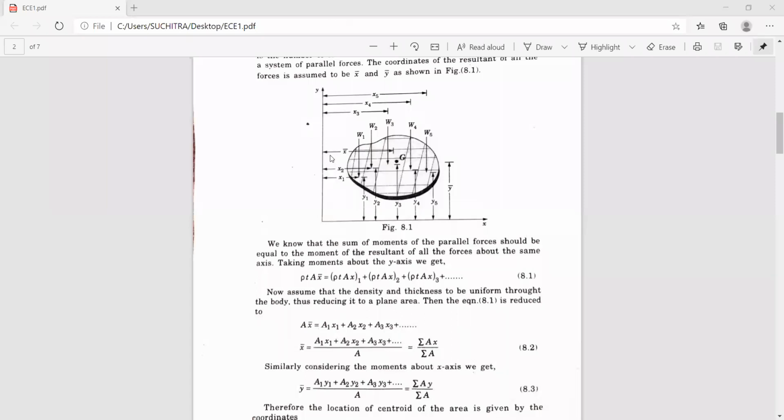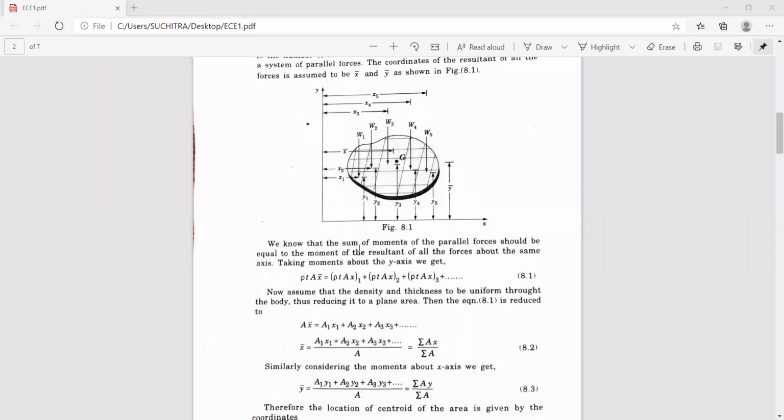The corresponding distances with respect to the x and y axes are x1, x2, x3, x4, x5, and y1, y2, y3, y4, y5 respectively. Then when we take the moment of all these forces with respect to the x-axis and y-axis, we are going to find the x coordinate and y coordinate of the given figure, which are nothing but the geometric center of the given figure.